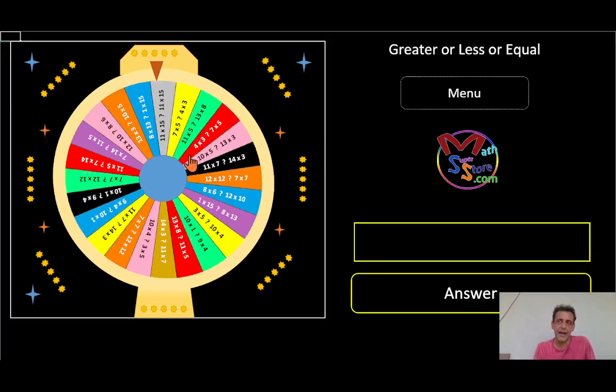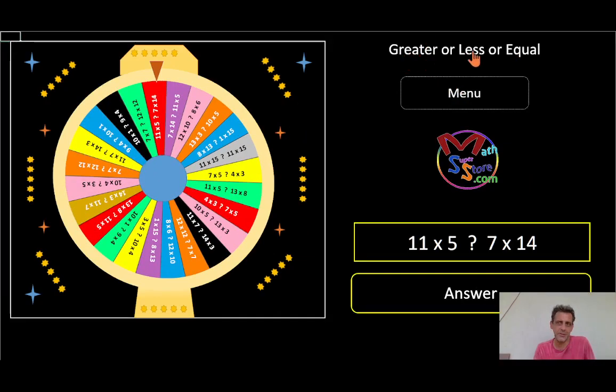So it'll spin, and we're comparing, so it's greater than, less than or equal to. Up at the top here, I will tell you what you're working on. I'll give you the title, or I'll give you any additional instructions. When it comes to substitution, the values will be up here, the values of X, Y, and Z, or whatever the letters are.